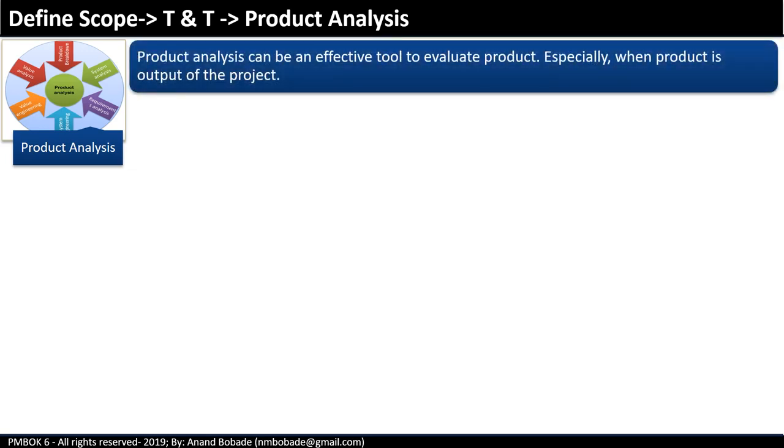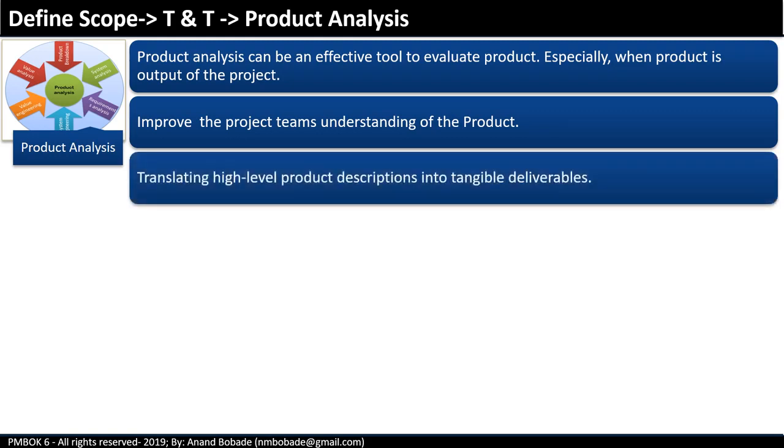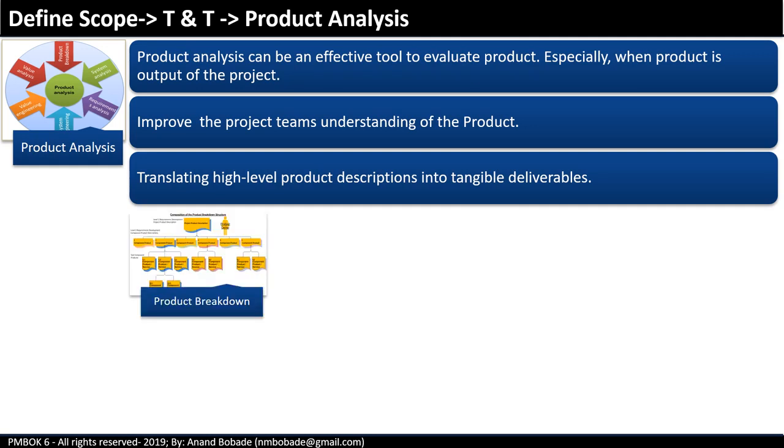Product analysis. It can be an effective tool to evaluate a product, especially when the product is the output of the project. It helps improve the project team's understanding of the product. This is done by asking questions and forming answers regarding the product's use, characteristics, and other aspects like security, quality, safety, etc. There are various techniques which will be used based upon the industry in which you are executing the project.